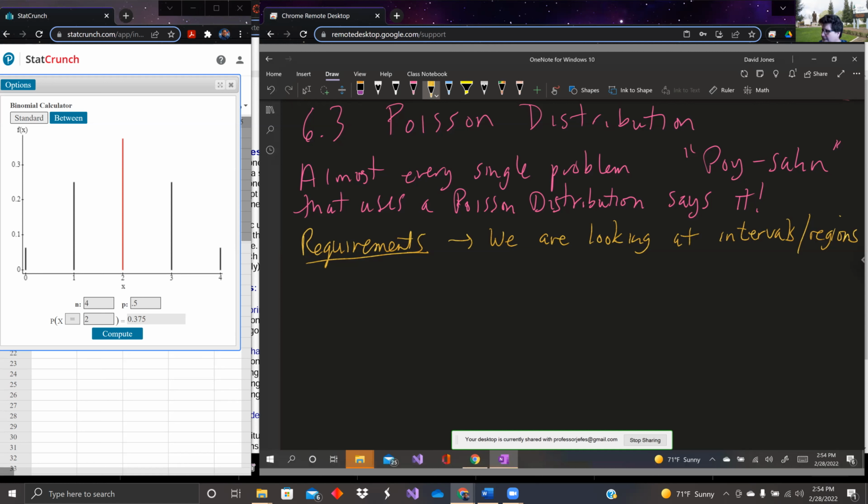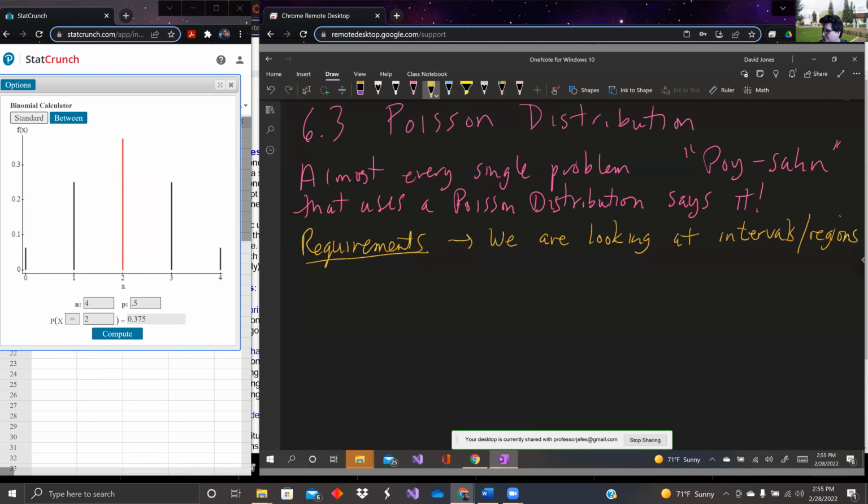So what we want, and it also could be area. Like if you've got a very, very low pressure gas inside a giant tank, an area could be like a cubic centimeter inside that tank, and we're looking at the probability that we'll find a molecule of gas in that cubic centimeter.